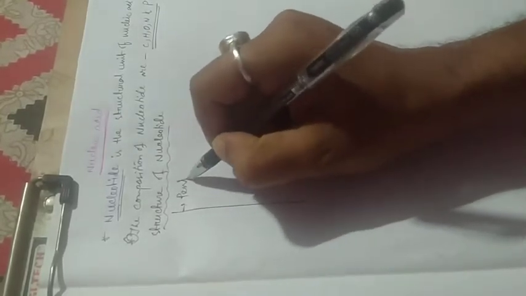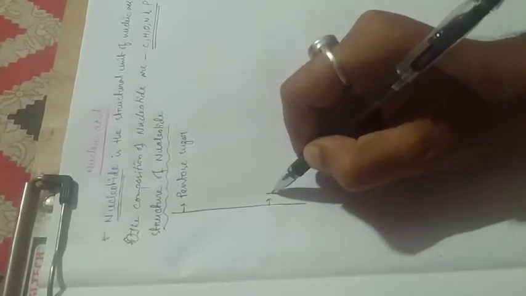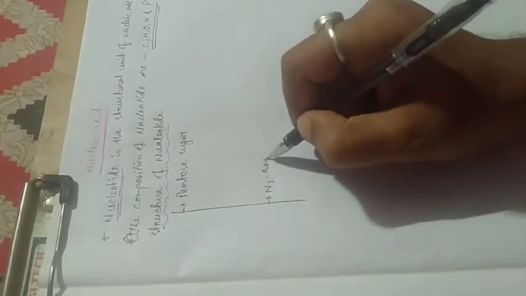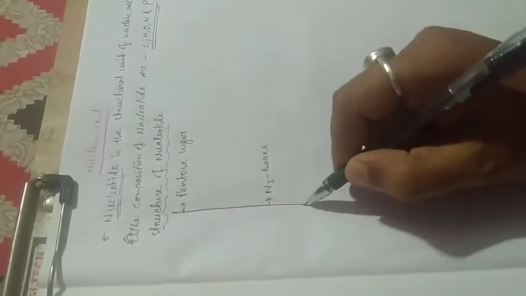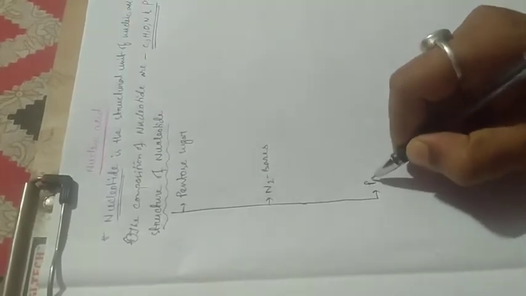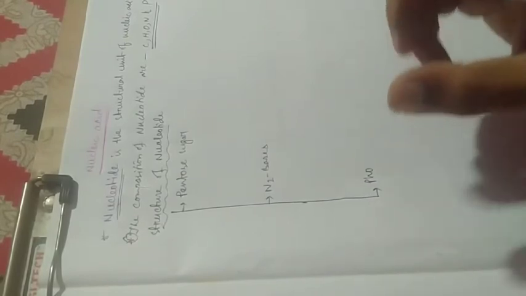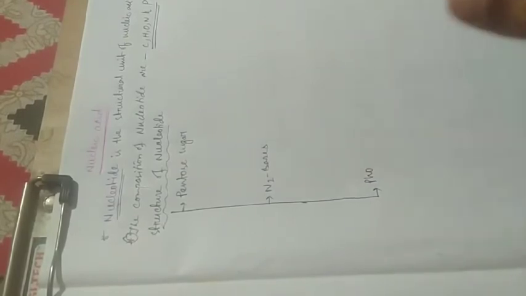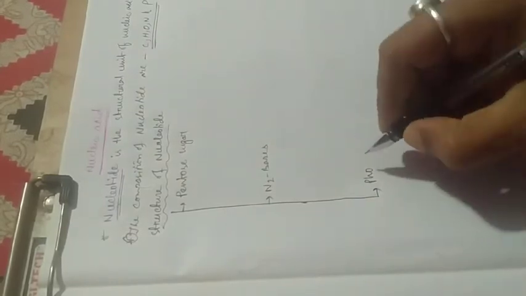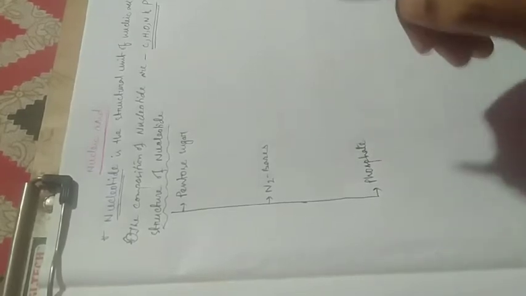These are first a pentose sugar, then the nitrogen bases, and third one the phosphate as phosphoric acid. For that we call it nucleic acid. So the acid nature of nucleic acid is provided by the phosphoric acid or phosphate. Okay.